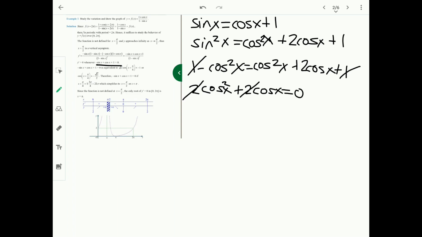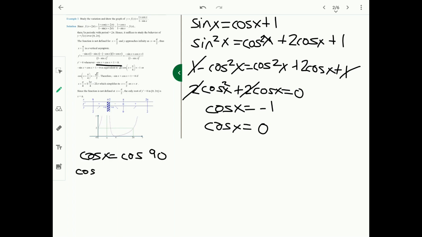So now we should solve this and we should get two possible answers: cosine x equals 0 and cosine x equals minus 1. That means cosine x either equals cosine 90, or let me just keep it in radians so it's easy, pi over 2, or cosine x equals cosine pi.